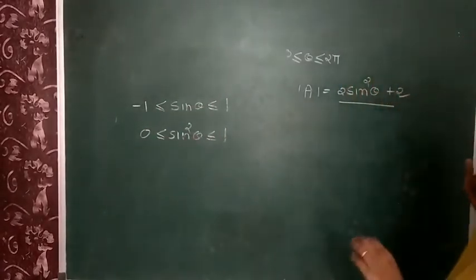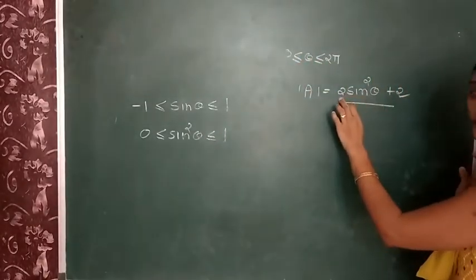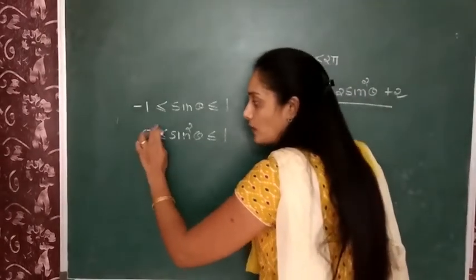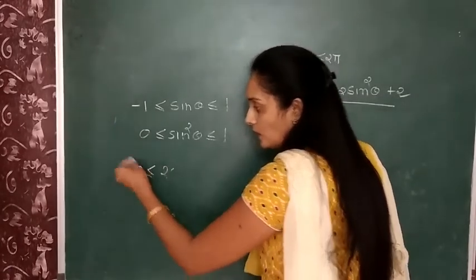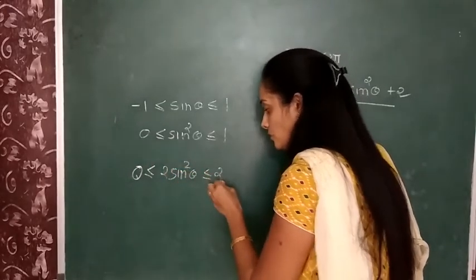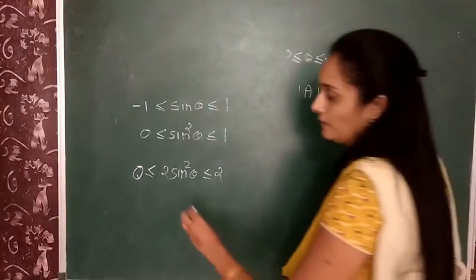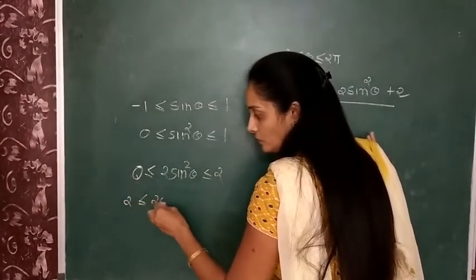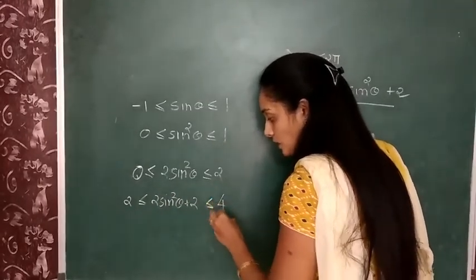Now we require 2 sine square theta, that means the coefficient of sine square theta is 2, so we multiply all terms by 2. So 0 into 2, sorry, 0 into 2 is 0, so 0 ≤ 2 sine square theta ≤ 2. Now we need plus 2, so we add 2 in all steps. 0 plus 2 is 2, then 2 sine square theta plus 2, and 2 plus 2 is 4.